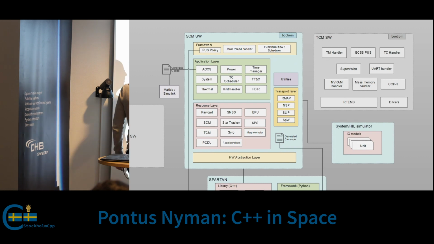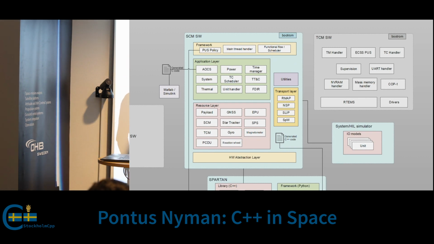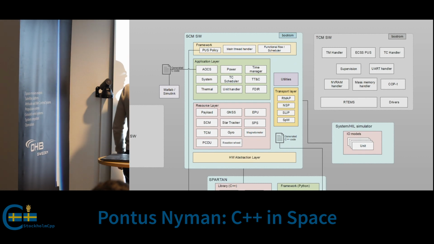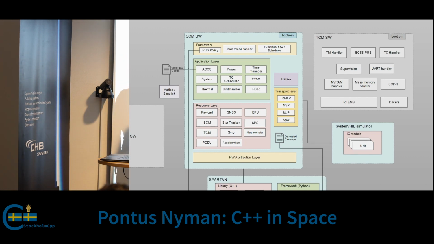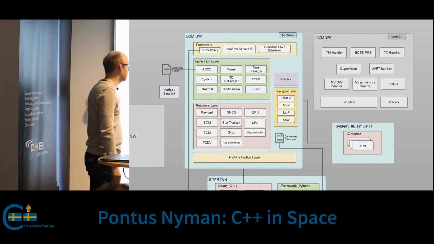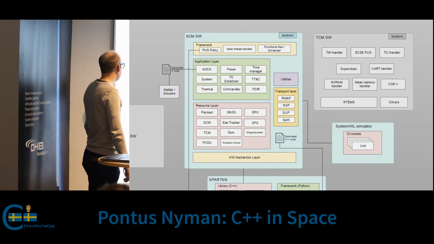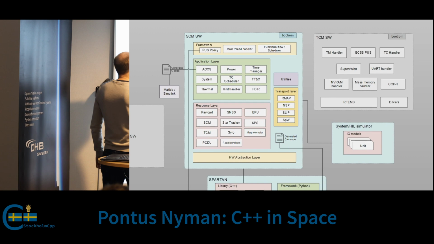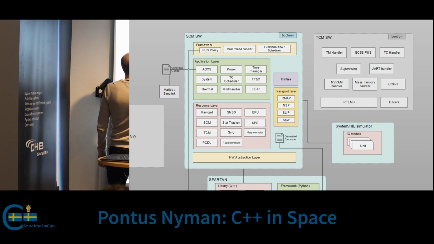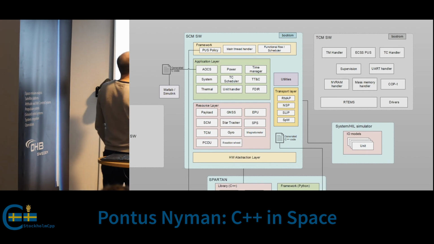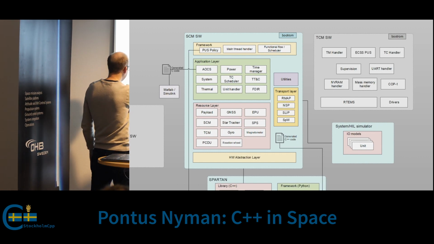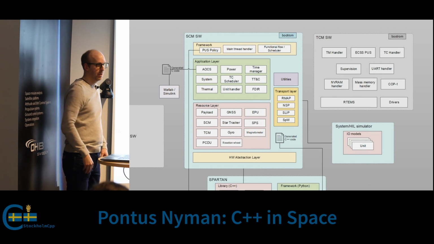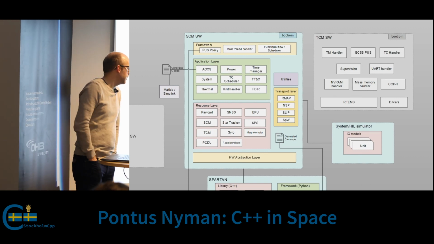And then here is the actual application layer of the satellite. So here is where the stuff really happens. And this maps, as you see, to the different functions that I showed you before. What's interesting here is that this AOCS, which stands for Attitude and Orbital Control System, is model-based designed, done in Simulink.